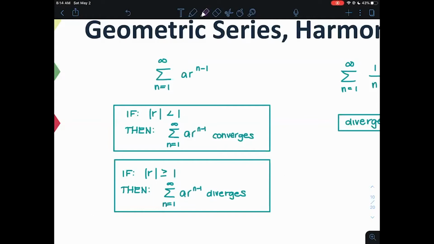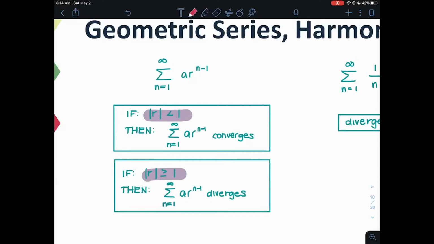Something like 2, 4, 8, 16, 32, 64, where that R, that ratio is 2. A geometric series converges if R is less than 1, and it diverges if R is greater than 1. Nice and simple. We have one condition, really, 2 different steps of that condition, and then we know everything that we need to know about the convergence or divergence of a geometric series.